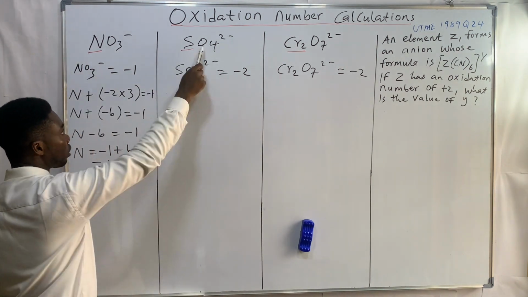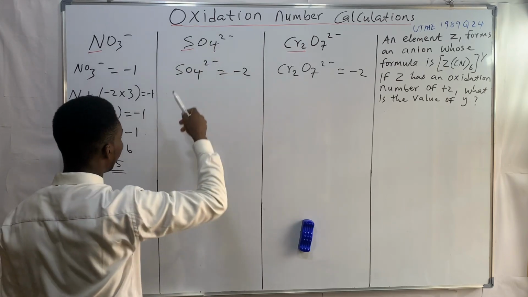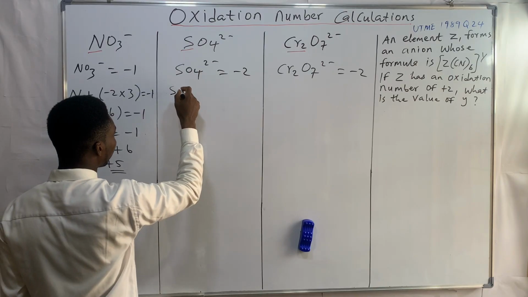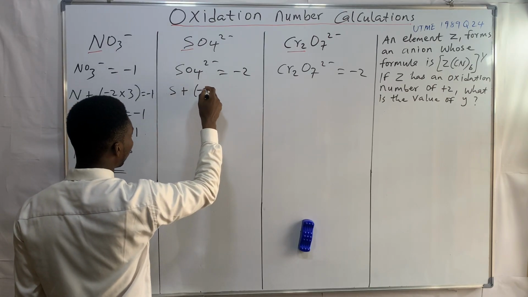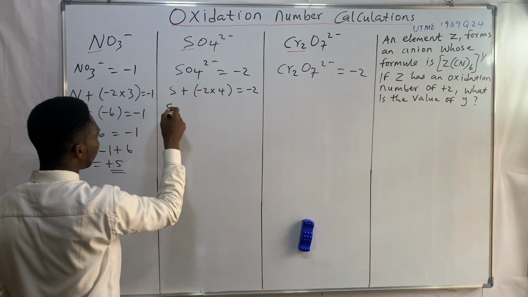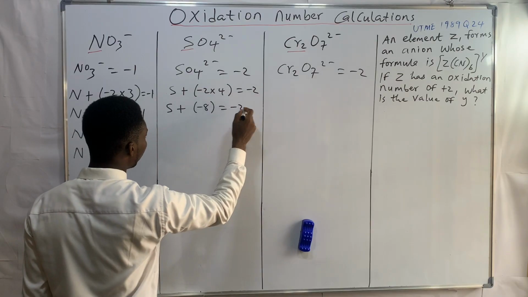All right, now the sulfate ion. What is the oxidation state of sulfur in sulfate? Sulfur plus oxygen, minus 2 times 4, equals minus 2. So S minus 8 equals minus 2.